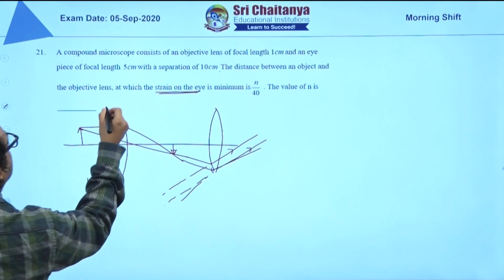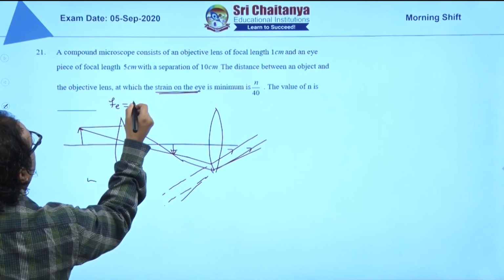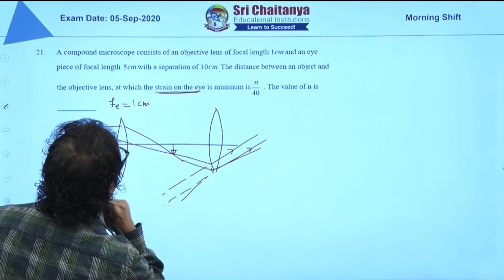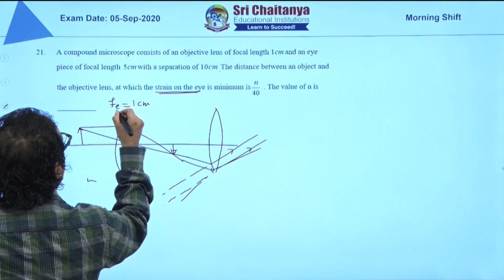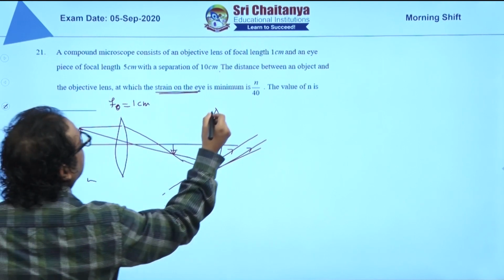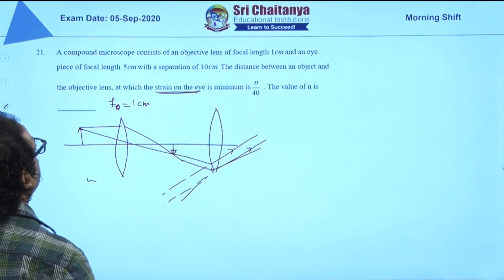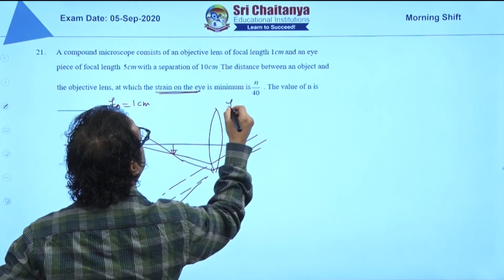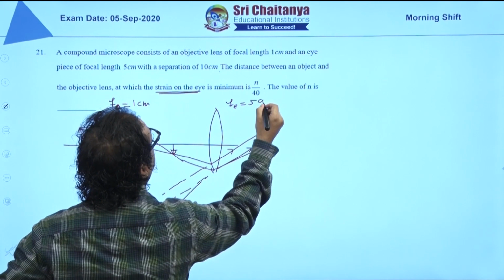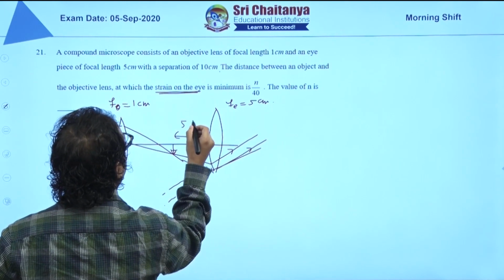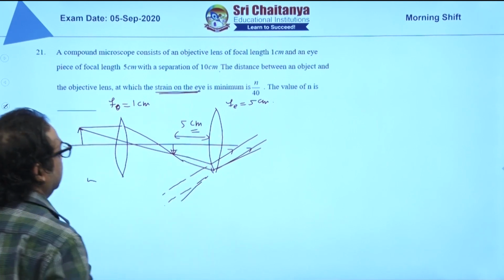Here the focal length of the objective lens is given as 1 centimeter, and the eyepiece focal length is given here as 5 centimeter. So, definitely this length is here 5 centimeter, right.